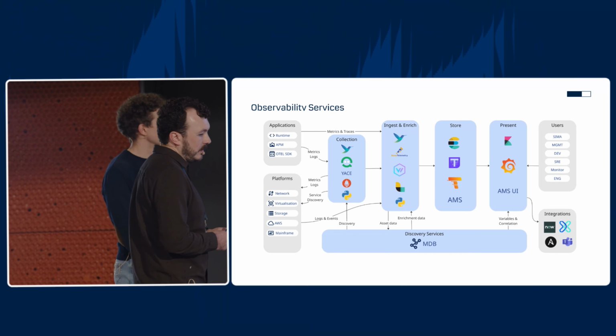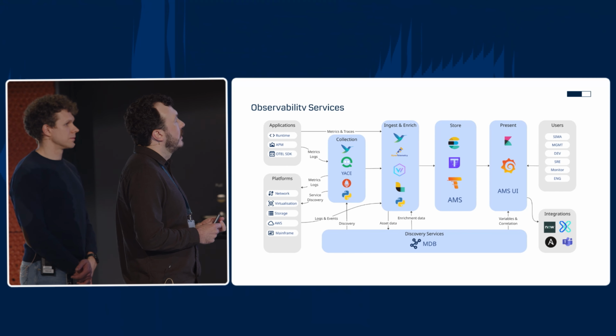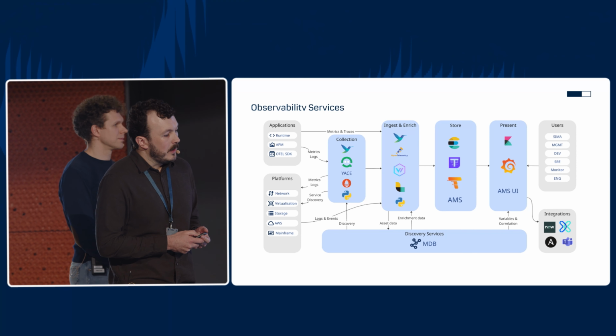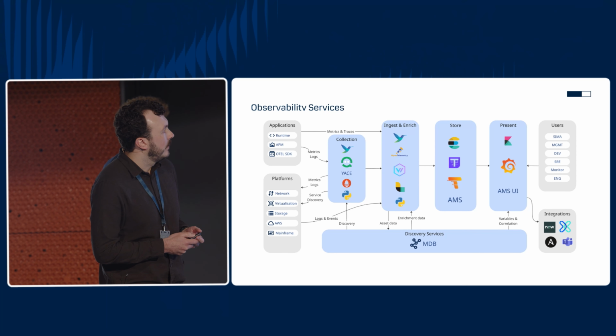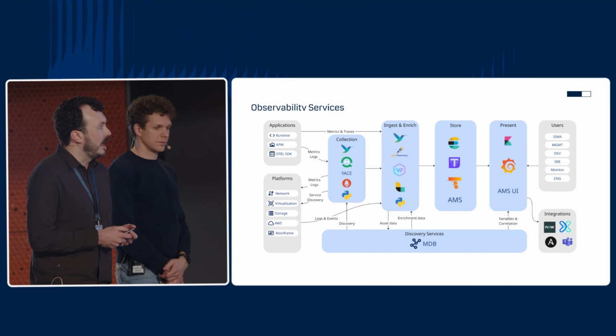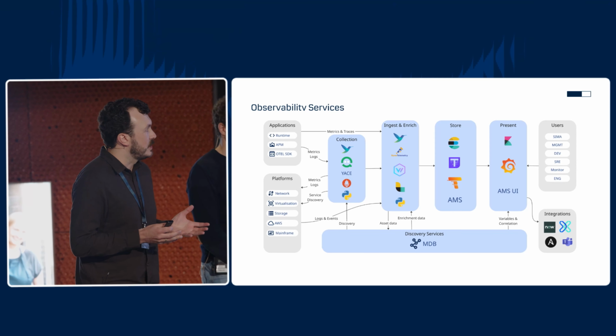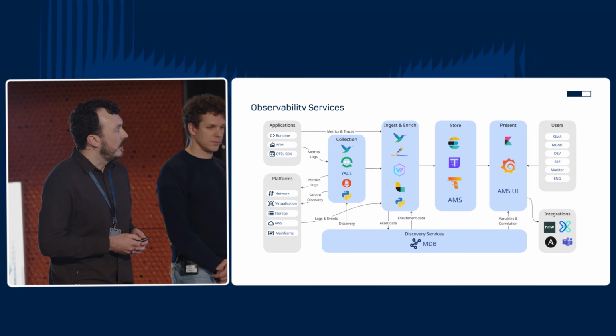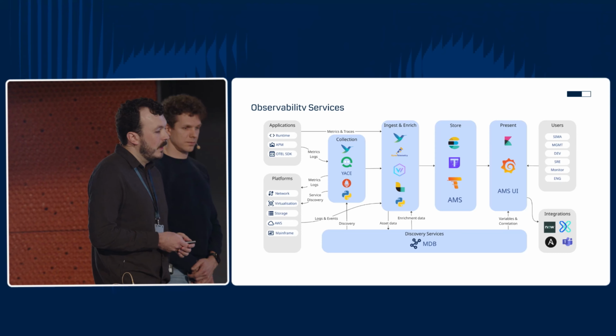So having this power, this data in our tool set, we can achieve quite a few things. If you have a live view into all of your infrastructure across all of the platforms, you can do discovery for your collectors.